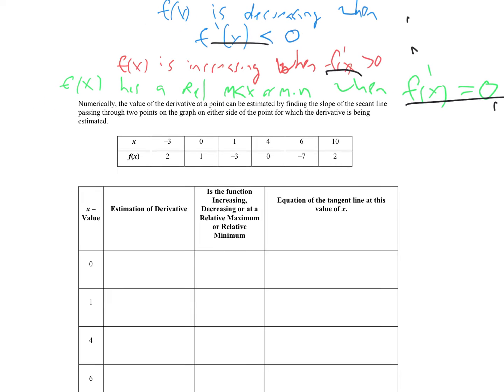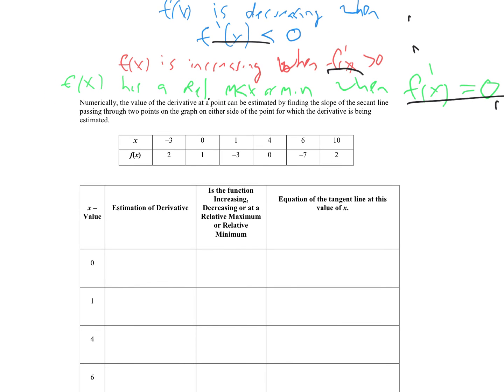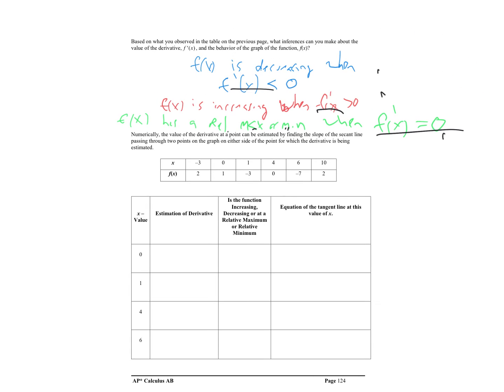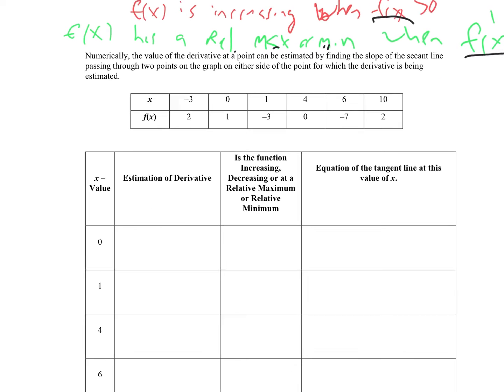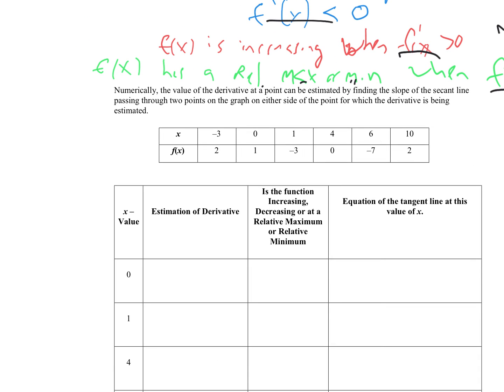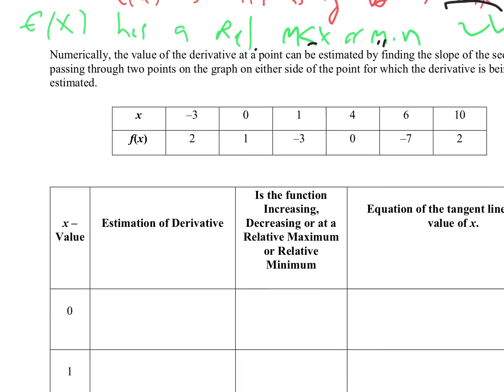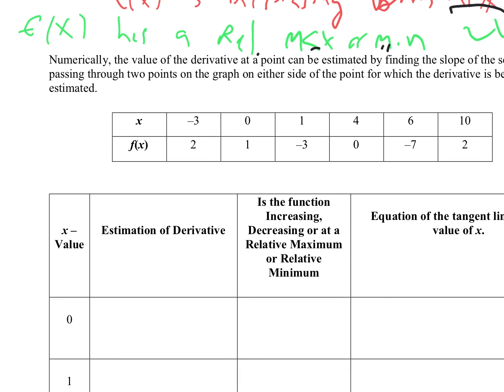Now, the one about max or min, I named them both. But let's go back and look at the picture for a minute. Now he has a table of values. This is no different than the points on the graph, but we only know what's happening at these ordered pairs. We don't know what's happening at x equals negative 2.